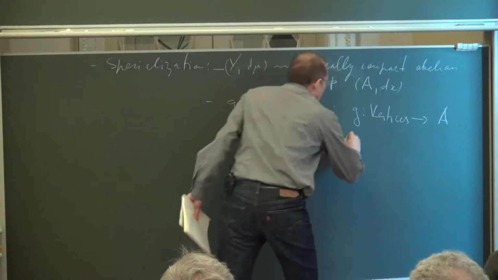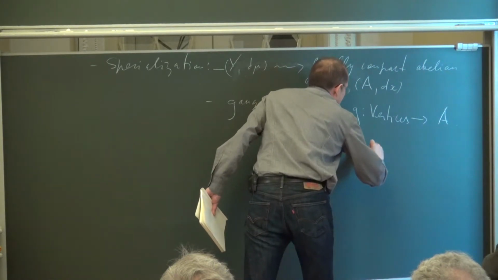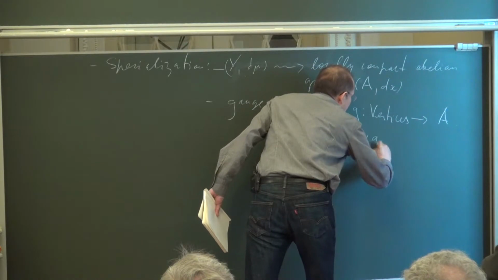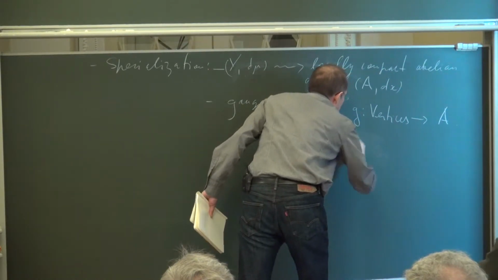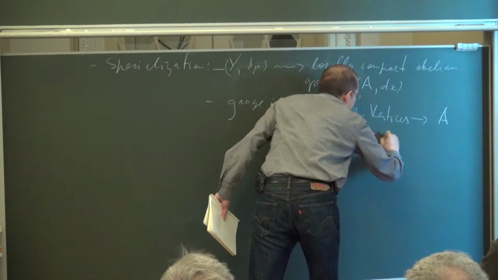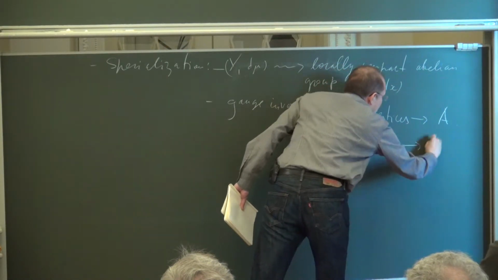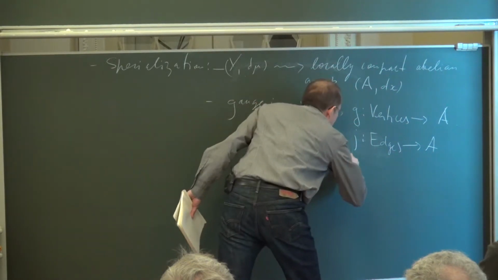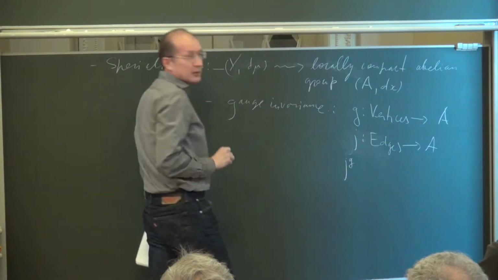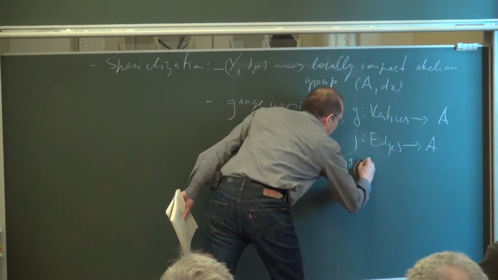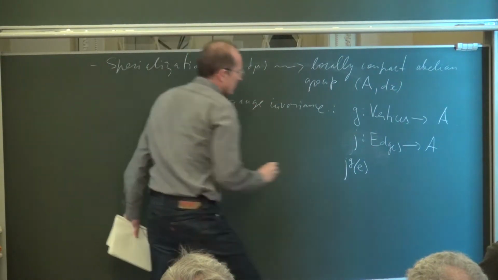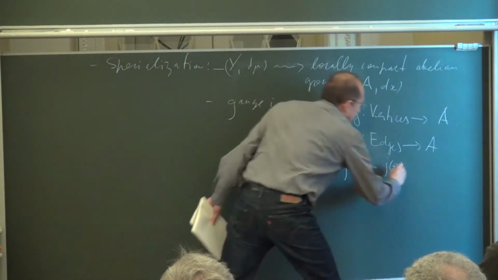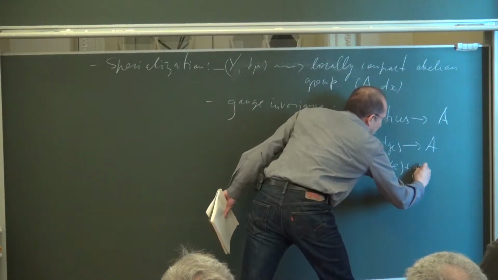And we say that two state variables are related if we have a map from edges to our abelian group, and then we make a transformation to a new state variable, which is given by the value of the j plus the values at the endpoints.